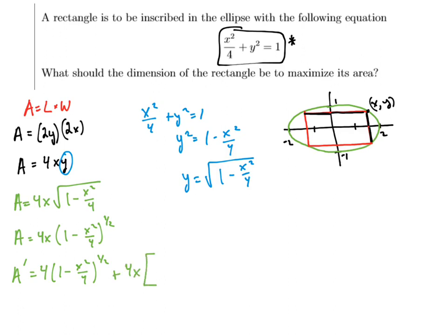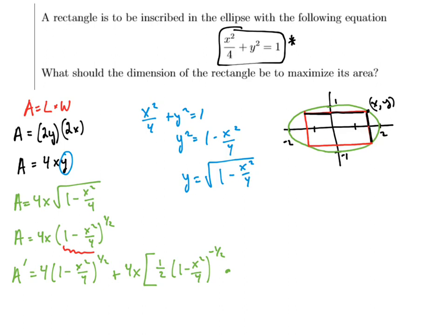So I'm going to use the power rule first, 1/2, and then keep the inside function the same, lower the power by 1, and then times, I need to use the chain rule, so I'm going to have to take the derivative of this inside part, which will just be the derivative of that negative x squared over 4.